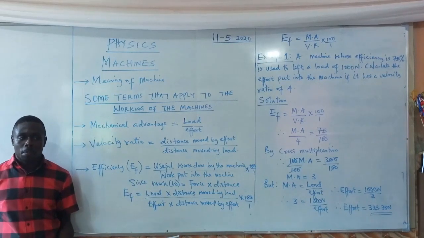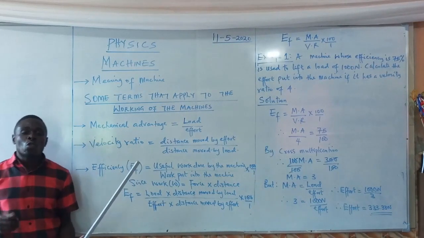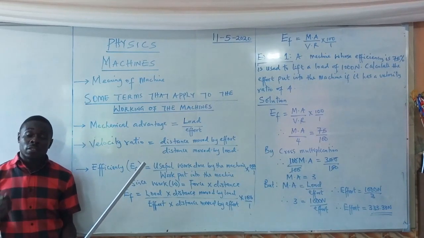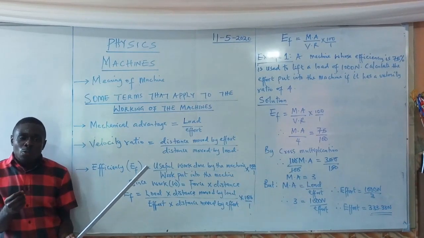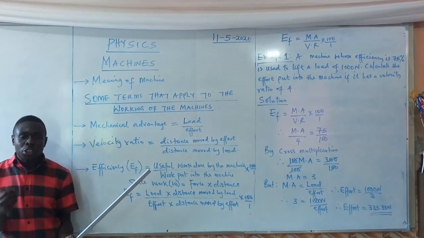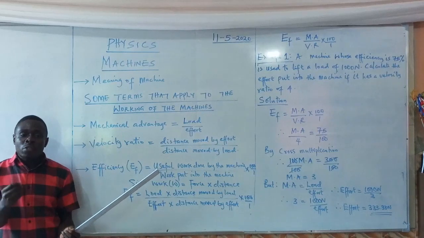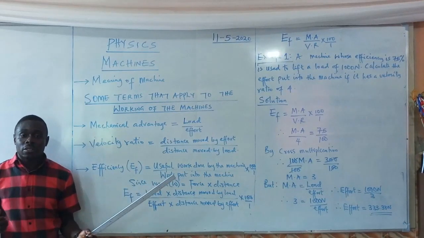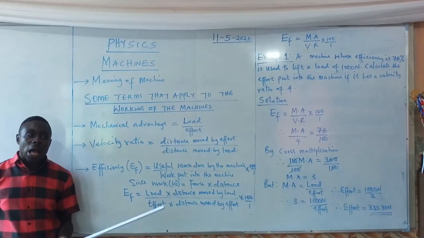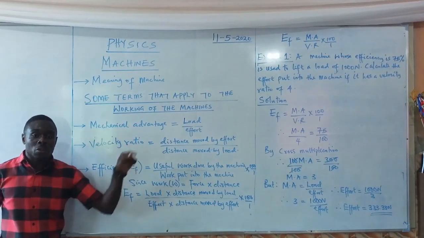Why do I say so? Let us say, for example, you want to overcome a load, which you can refer to as a resisting force, through a small applied effort. You can see that because of friction, the effort that you apply to that machine will be divided. One part will be used to overcome the friction in the moving part of the machine, and the other part will be used to overcome that load.